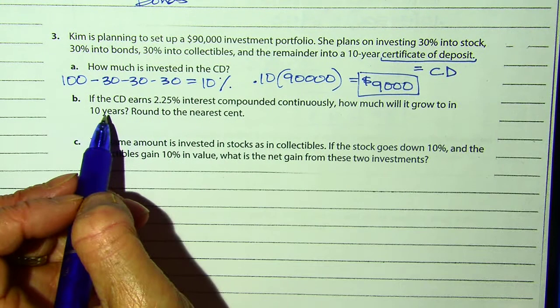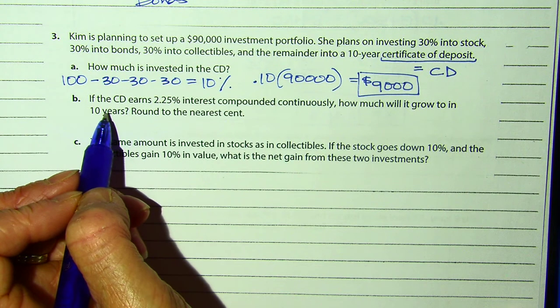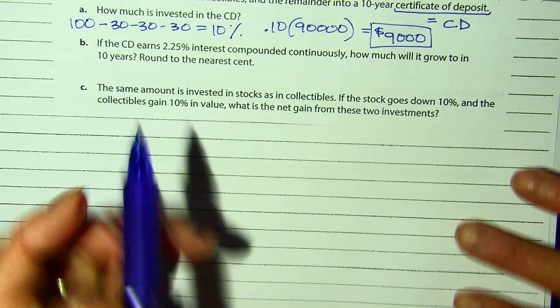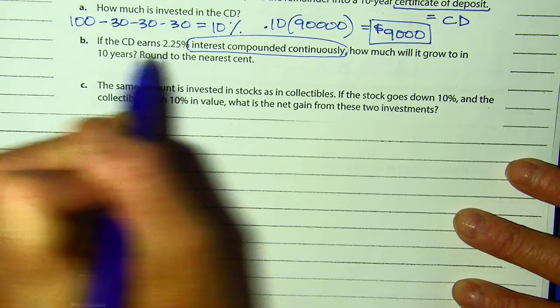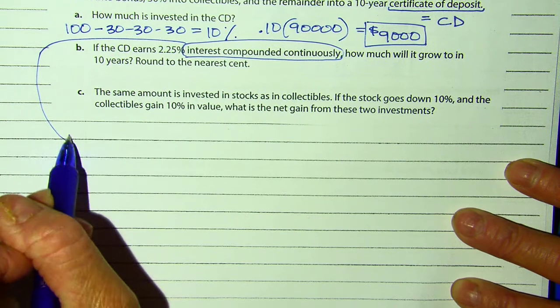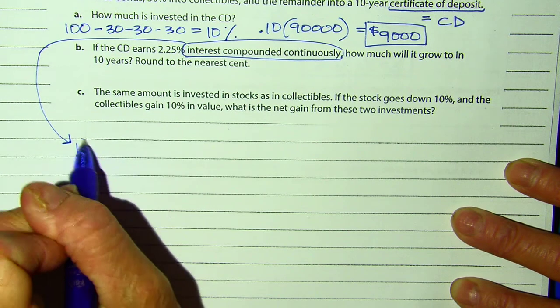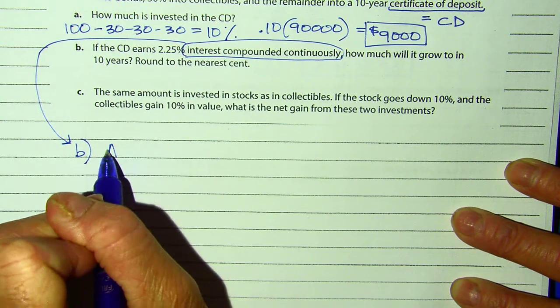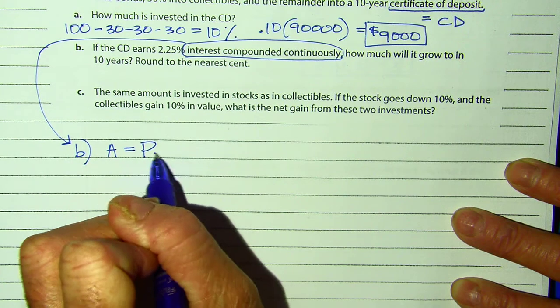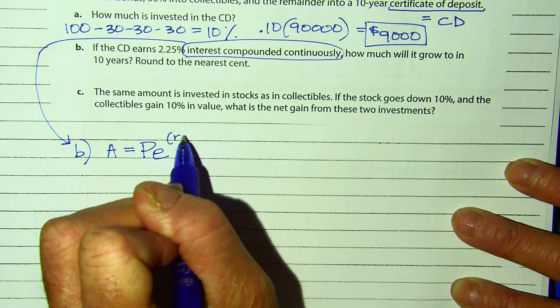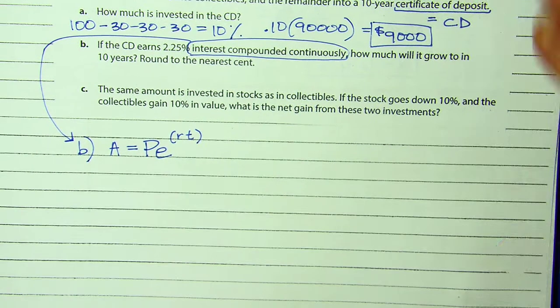If the CD earns 2.25% interest compounded continuously, so I'm going to go down here for part B. The formula for continually compounded interest is the amount of your account equals your initial deposit times e to the rate times the number of years.